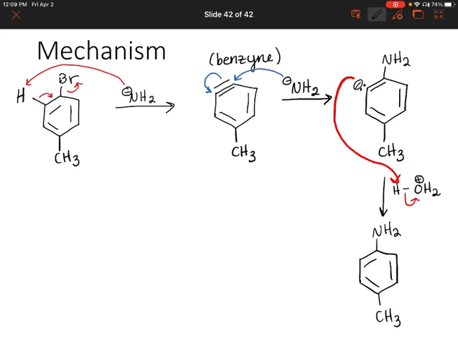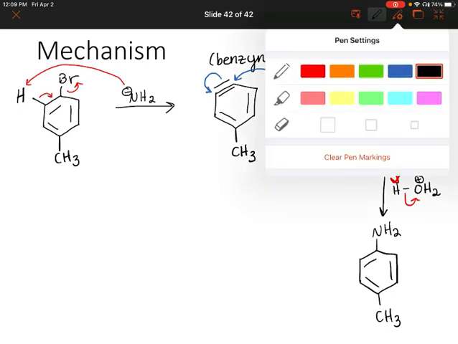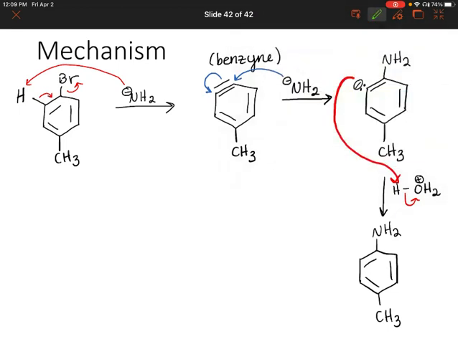Okay, the other option is NH2 could attack the carbon on the left of the triple bond, and then that would leave electrons on the carbon on the right.